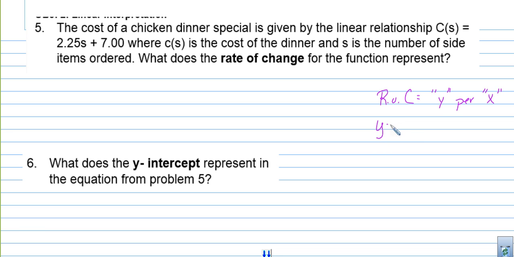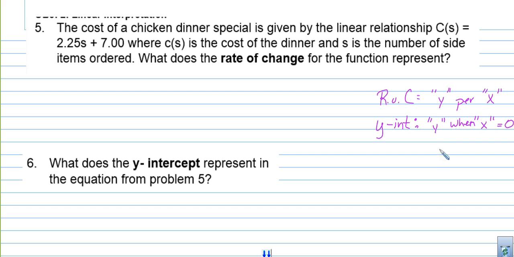The y-intercept will tell you the y when x equals 0, okay?